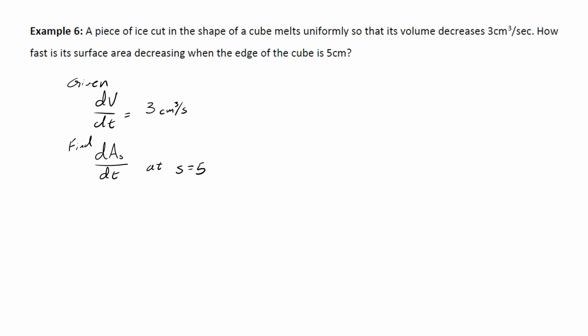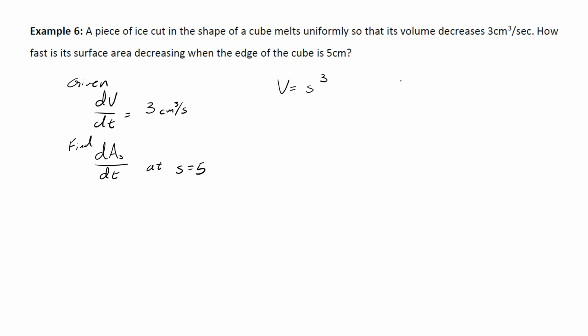All right, now I have to go through and write a formula that relates volume and surface area. I know the volume of a cube is equal to the side cubed.